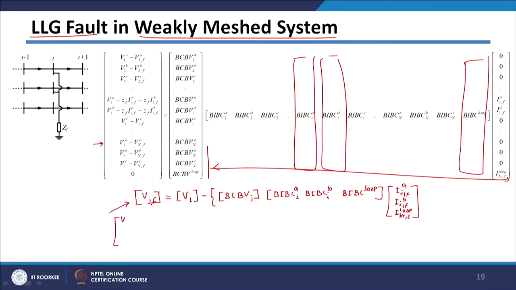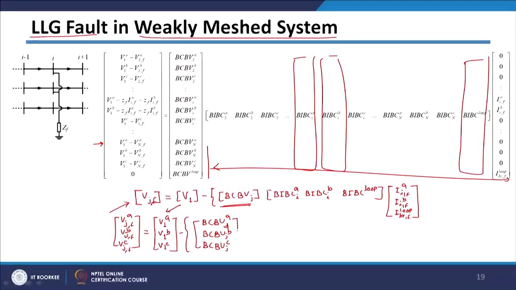Here this is nothing but voltages of all the three phases. So, we know that it is V j fault A, V j B, V j C. So, post fault voltages of all the three phases of j-th bus will be equal to V 1 A, V 1 B, V 1 C, all the three phase voltages of first node, minus, in this case, 3 rows: BCBV J A, BCBV J B, BCBV J C, which will get multiplied.